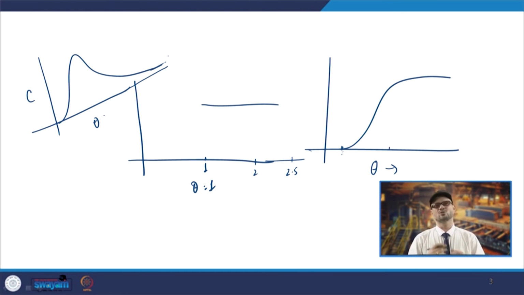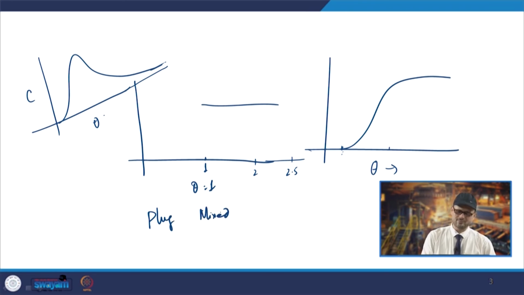Normally in the vessel we try to have 3 kinds of zones: the plug zone, where it has not mixed and has maintained its identity, not mixed longitudinally.